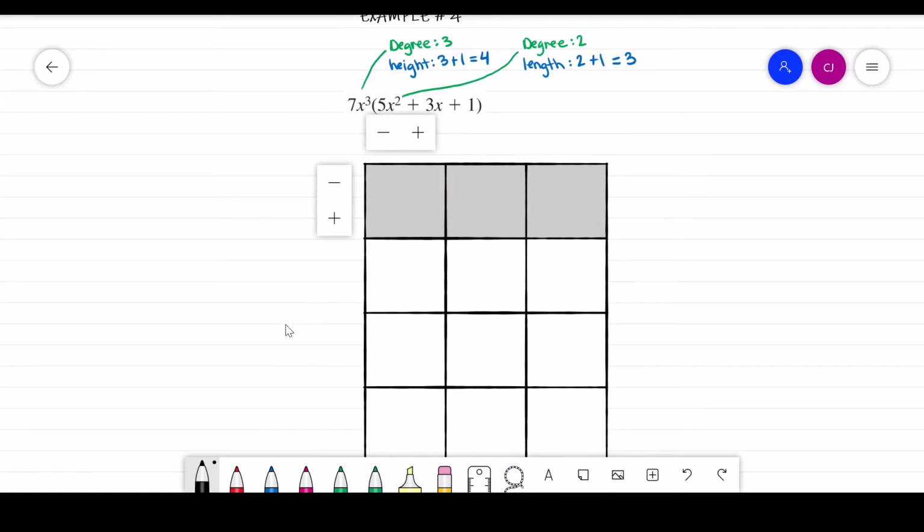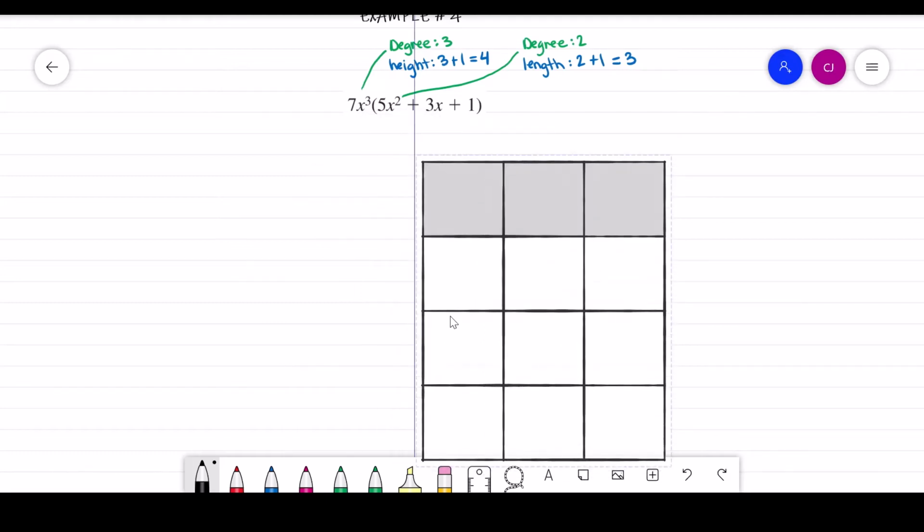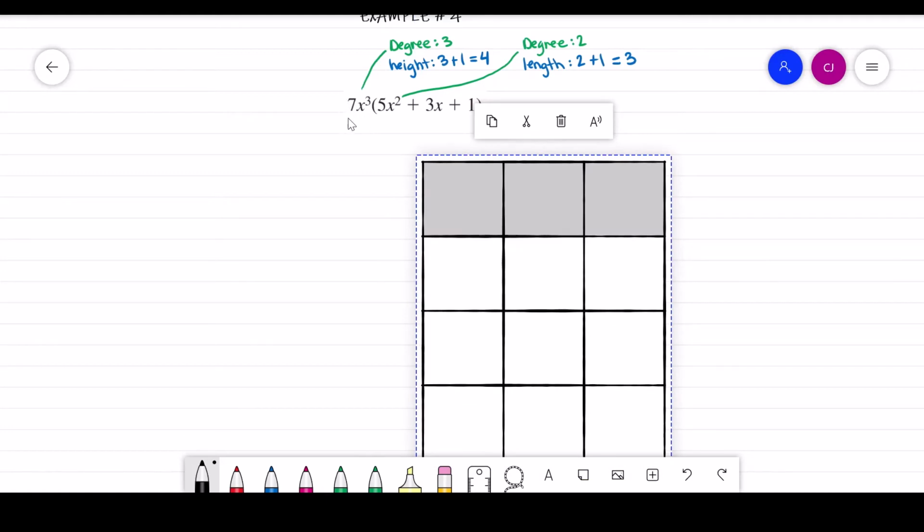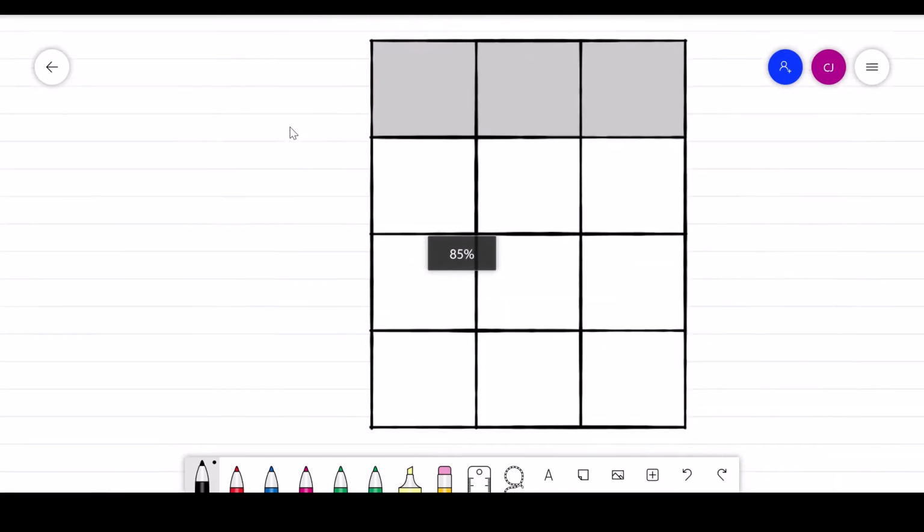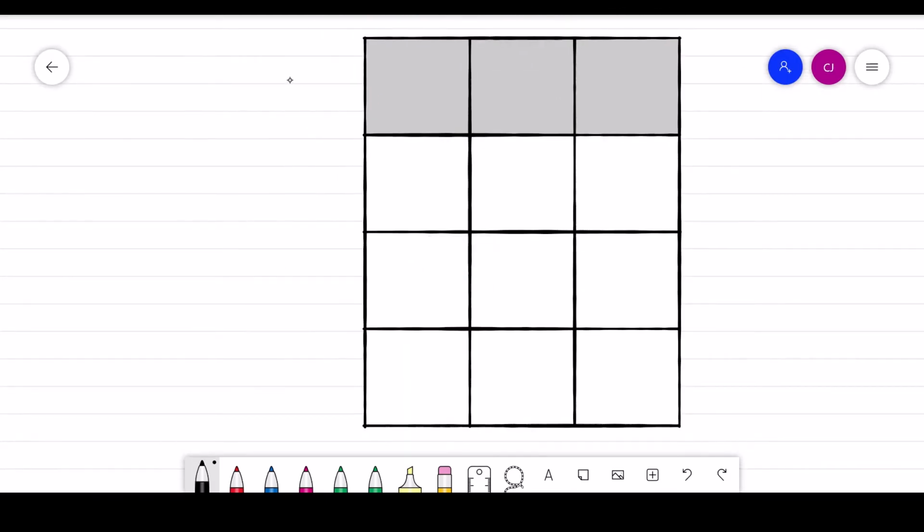Next, step number 2, we need to write our polynomials that we're multiplying on the outside edges. So this is what I mean, that we're going to have to include zeros for the first one. So we have 7x to the third, but that's the only term that we have. So for the other ones, we're going to have to include zeros.